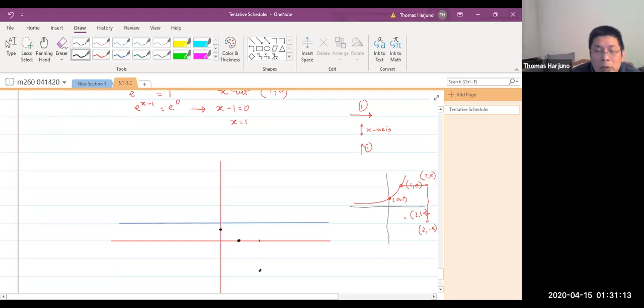Here. And so on and so forth. So I believe the other point will be this one here. Then if I connect these points here, it will be approximately like this.